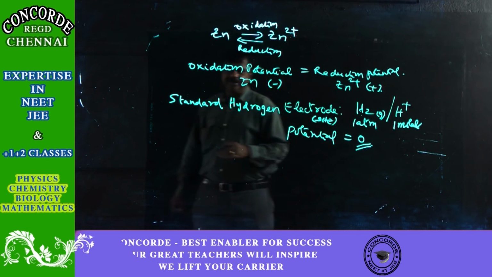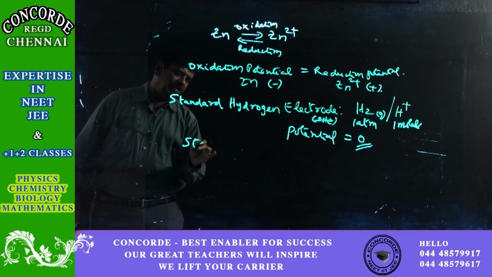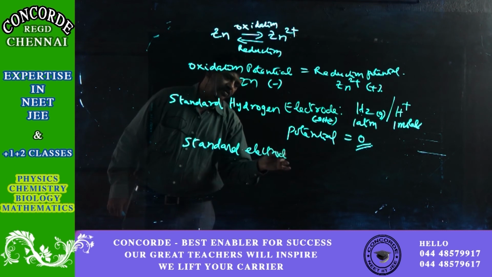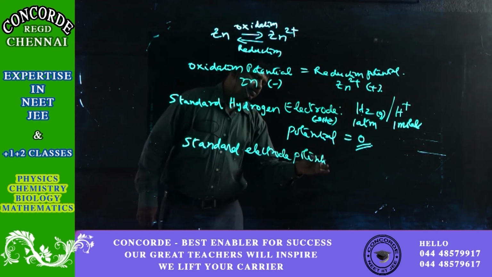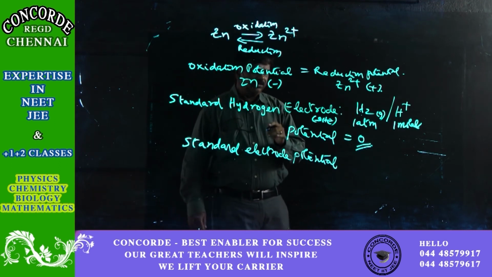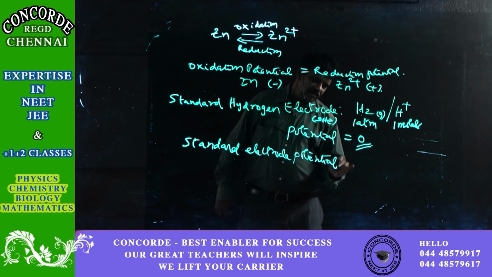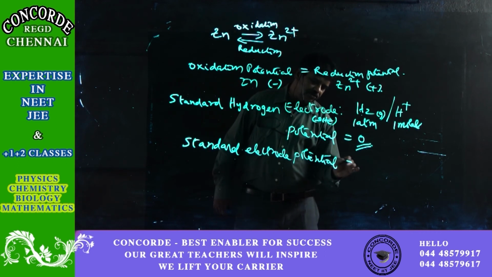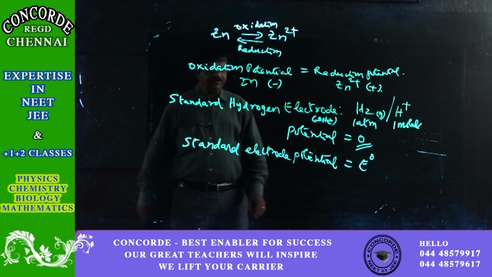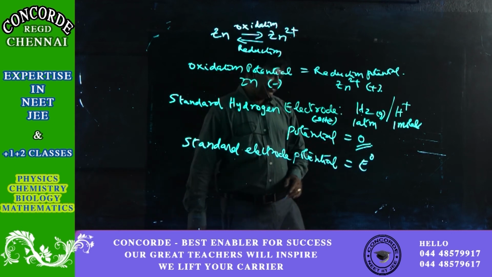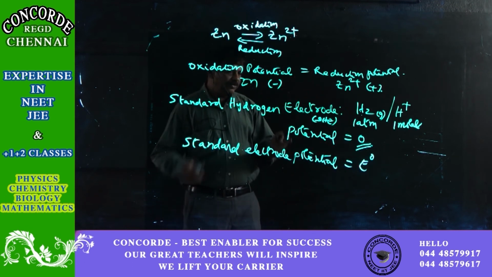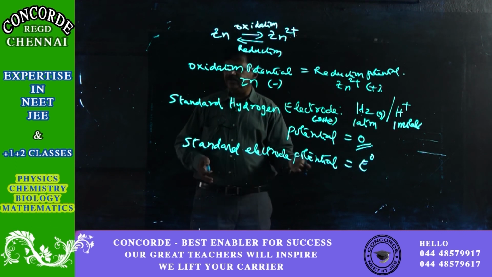Like that, the standard electrode potential of various elements or ions is found out. The standard electrode potential of any ion is always put as E naught. For zinc it will be E naught of Zn, and likewise for copper or whatever it is. These can be found out using the standard hydrogen electrode as one of the compartments.